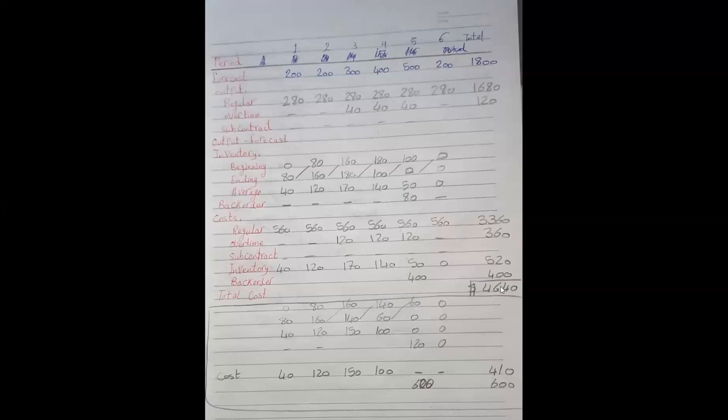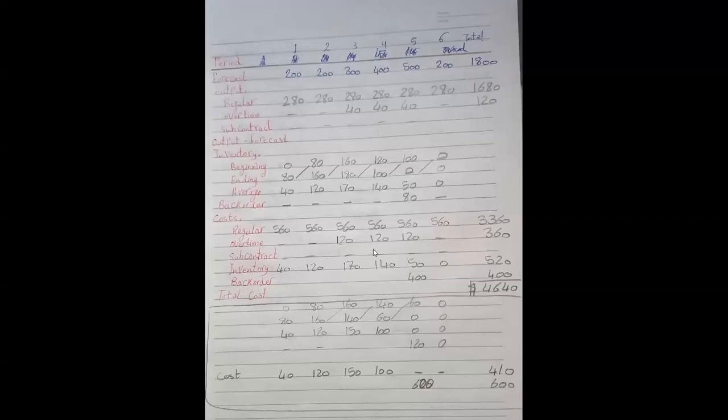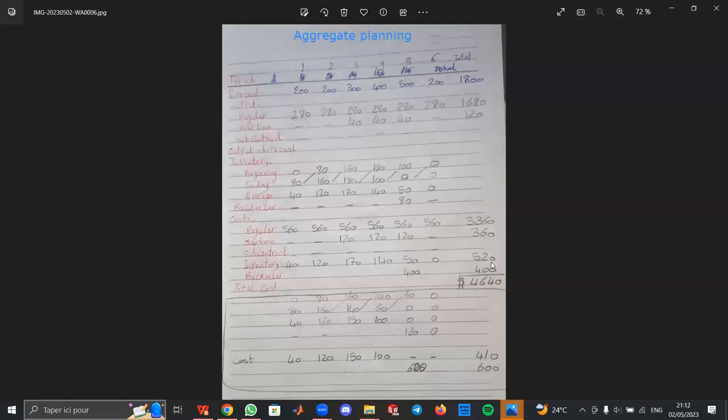And when using these costs, we find that the total cost is less than the cost of the first case. And these are by using a different way of overtime, but we're not going to go through this. And thank you very much.